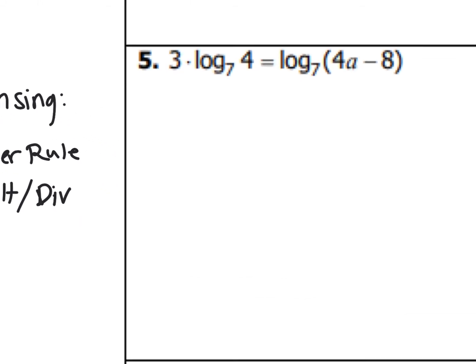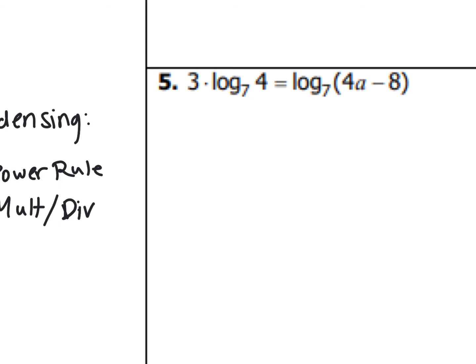So if I notice, do I have a power rule on number 5 on either side? Yep. What is my power? 3. So if you remember, this is the power on that logarithm. So this is the same thing as log base 7 of 4 to the 3rd power equals log base 7 of 4a minus 8.